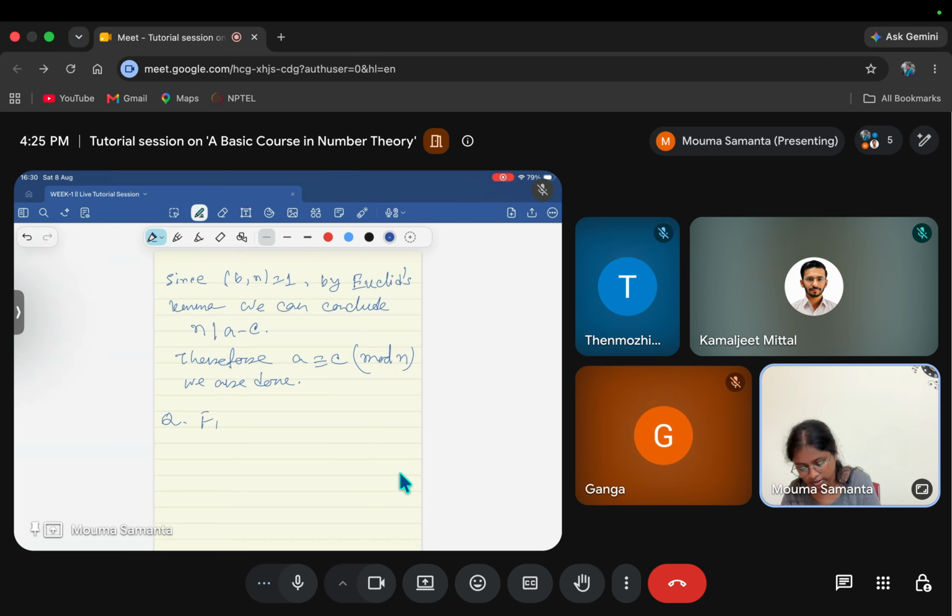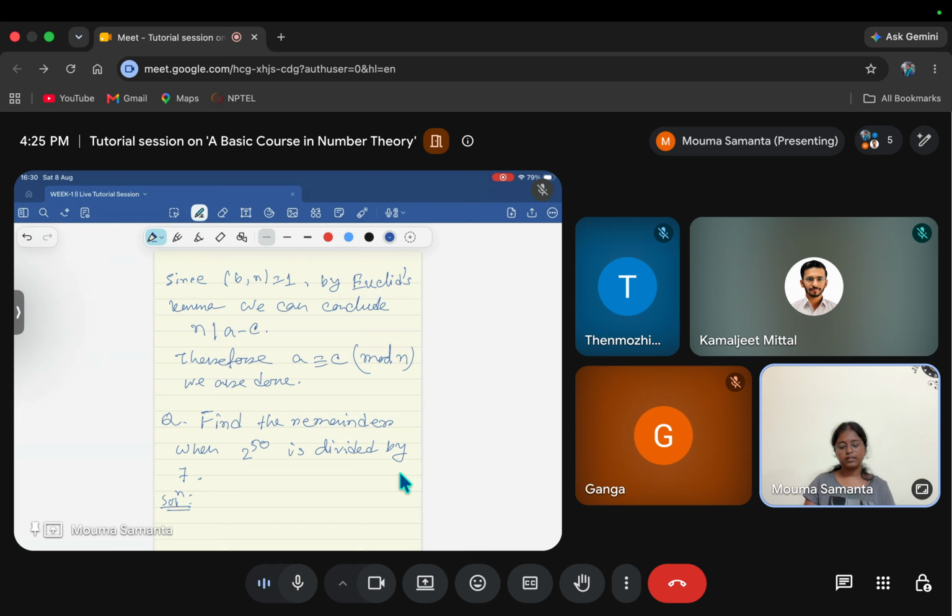First, let's try this problem. Find the remainder when 2 power 50 is divided by 7.